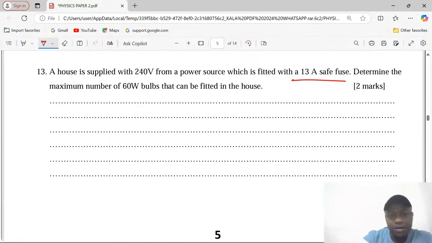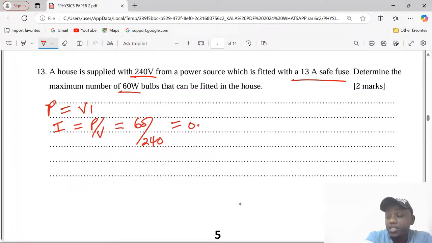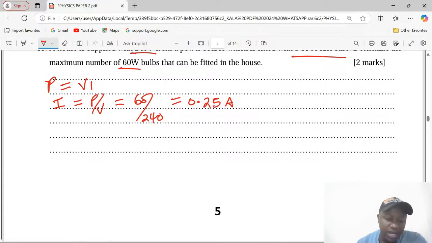We know it is going to operate at 240 volts and the power of a bulb is 60 watts, so we can find the current. Power is given by VI, so current is power divided by V. So 60 over 240 gives us 0.25 amperes. Each bulb is drawing 0.25 amperes.